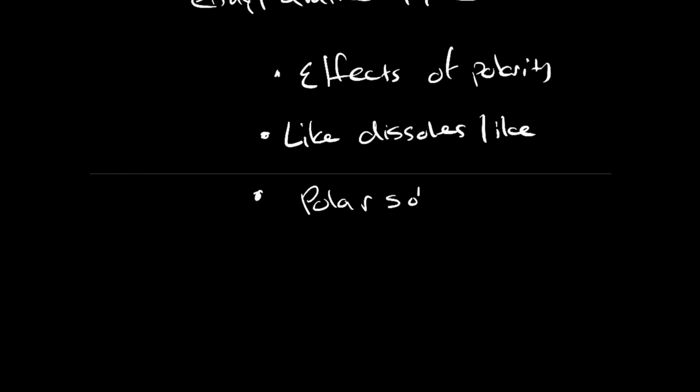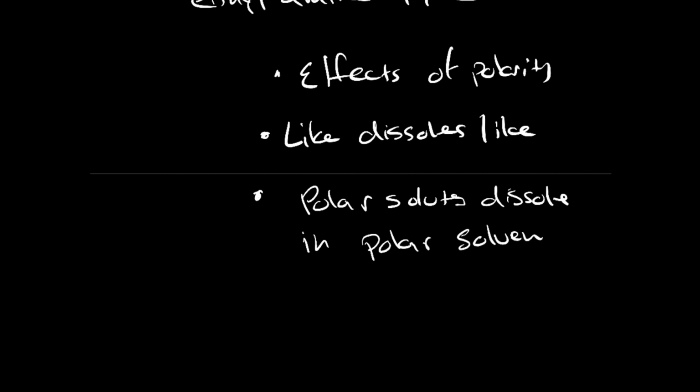So that's a good way of thinking: polar solutes dissolve in polar solvents, which is another way of saying if you want to dissolve a molecule, obviously if it's a solid, and the solute is polar, then it needs to go into a polar solvent, right?